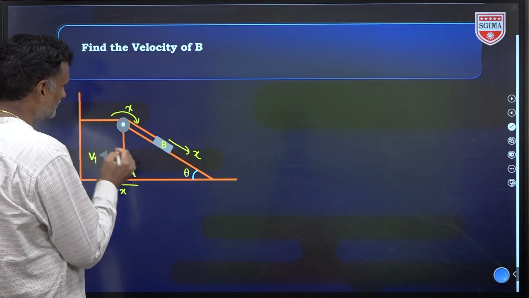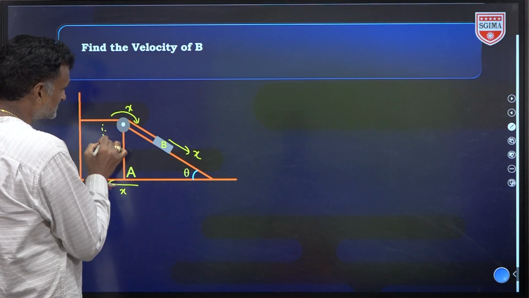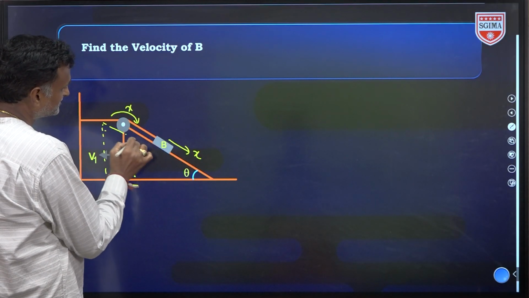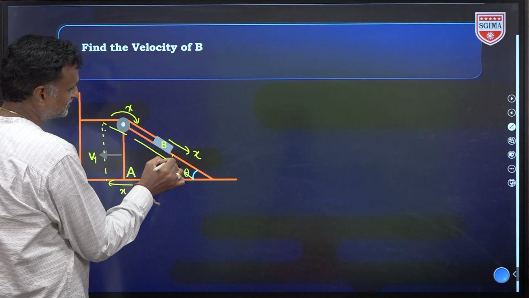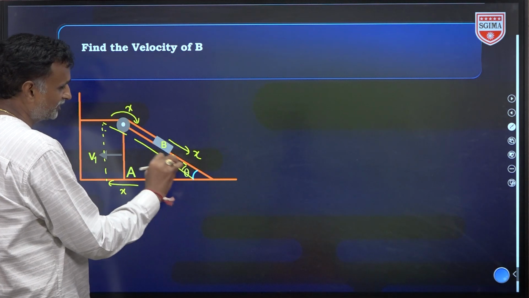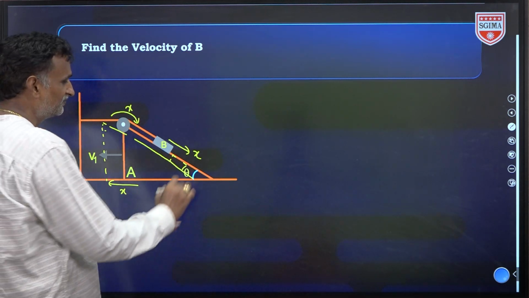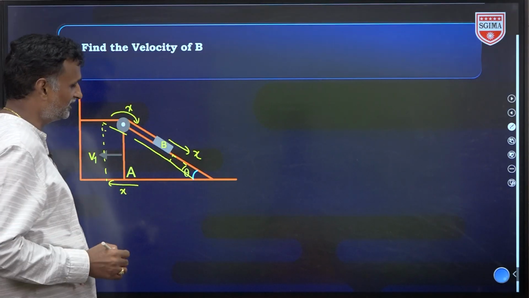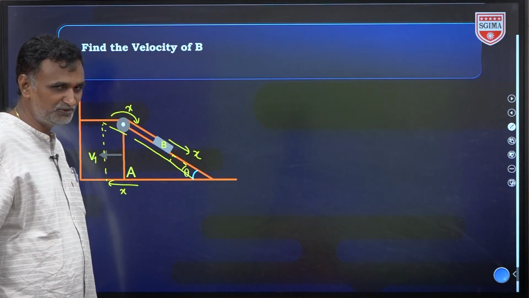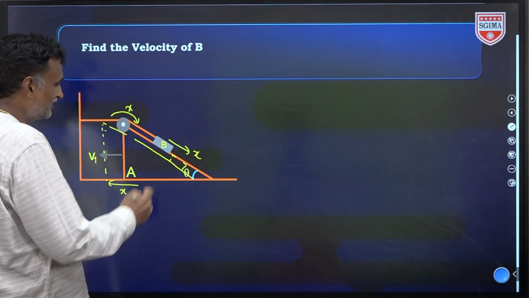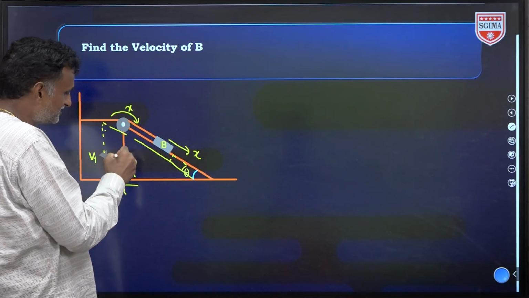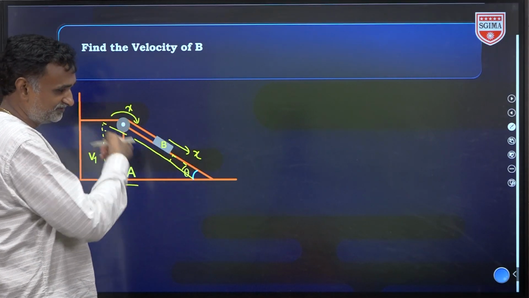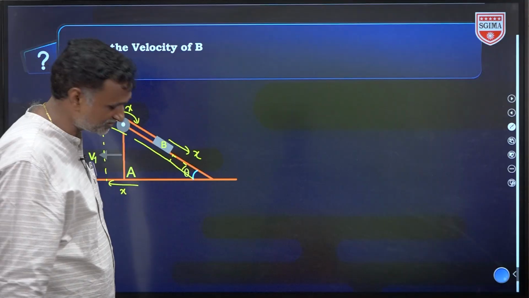So this is the new position of the wedge, and block B is going downward with displacement x only. With respect to A its velocity is V only, but since it is on the wedge, it also has a velocity to the left side, as we solved in the previous case.